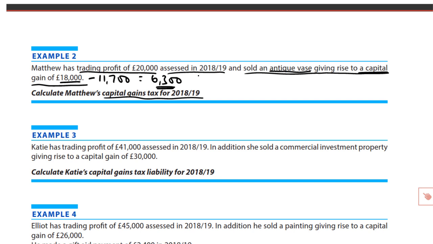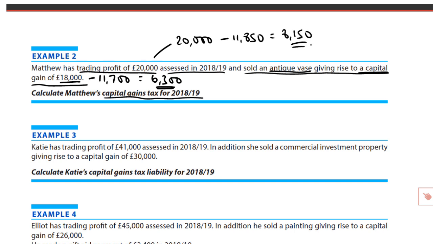And for that, we need to know about the level of income. So there's the trading profit, £20,000, away from which we will deduct the personal allowance. So 20,000 minus your personal allowance of 11,850 would give you taxable income on your income tax computation of £8,150.